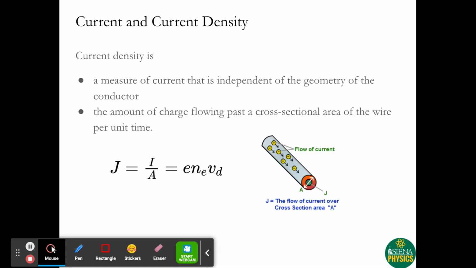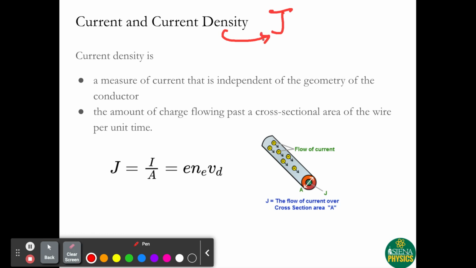There is another way to measure current that doesn't depend on geometry, and that's called the current density. Its symbol is J. Its definition is the current we just talked about, in coulombs per second, divided by the cross-sectional area of the wire.